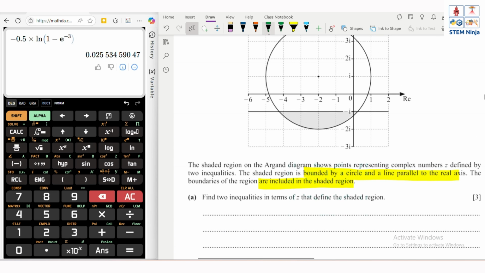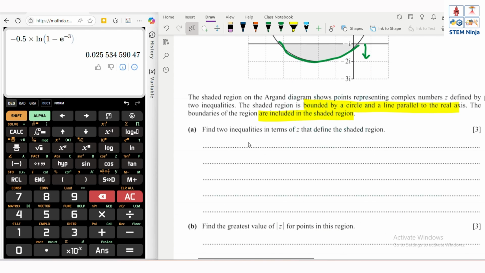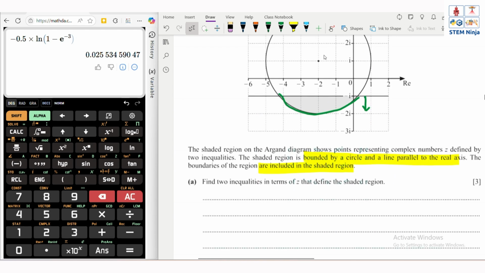So this is straightforward. The imaginary part is less than or equal to -1, and we need a complex number representation of this circle. We need the center point, which is -2 plus i.